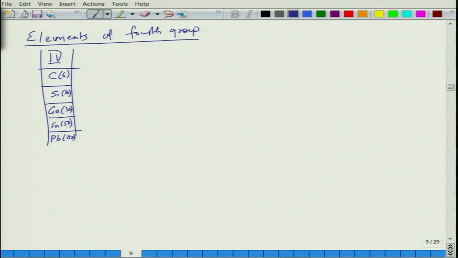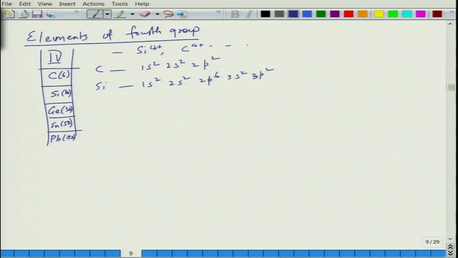So if you look at the situation there, the outermost orbital has, for silicon 4+, carbon 4+, and so on. In these cases the electronic configuration, since carbon is 6, is 1s2, 2s2, 2p2. Silicon would be 14, so 1s2, 2s2, 2p6, and then 3s2, 3p2.